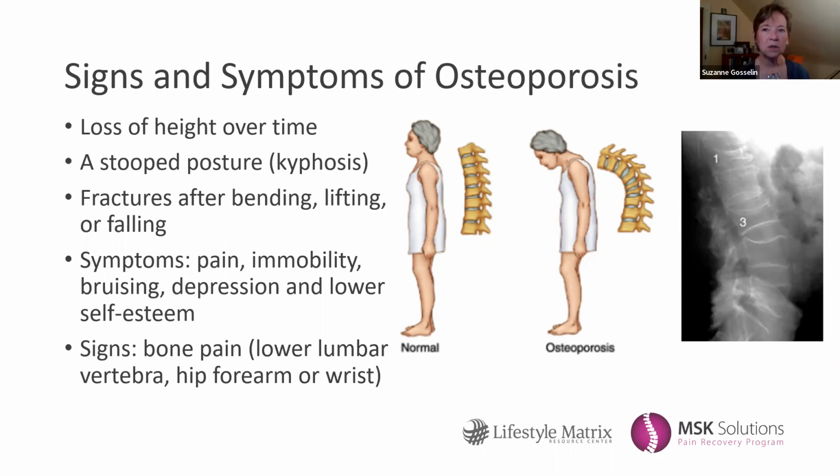But what's interesting about all of these signs and symptoms is that they are late indicators of bone health. By the time these symptoms or signs are showing up, you probably have already lost a fair amount of bone and are easily fracturing.